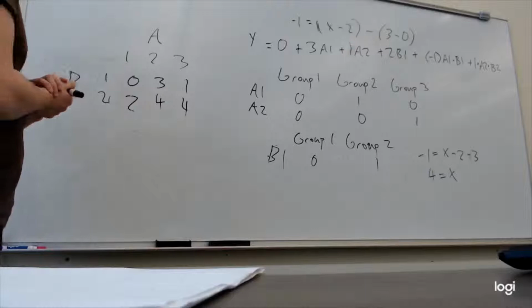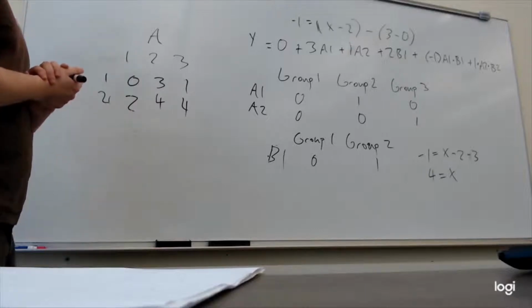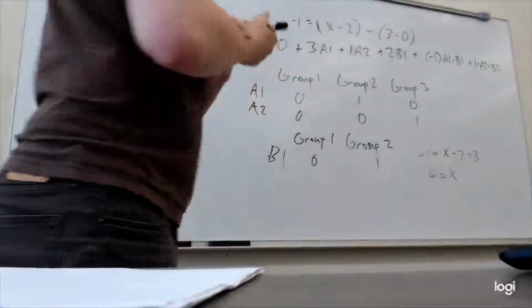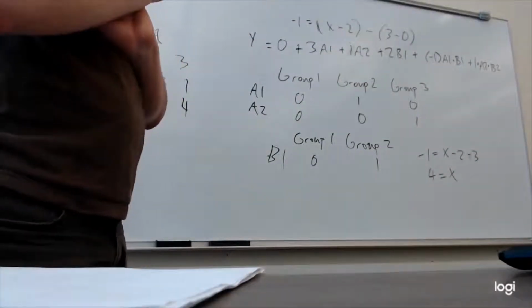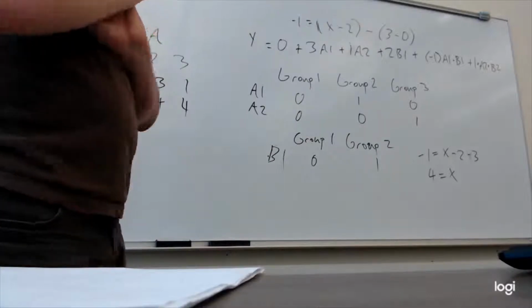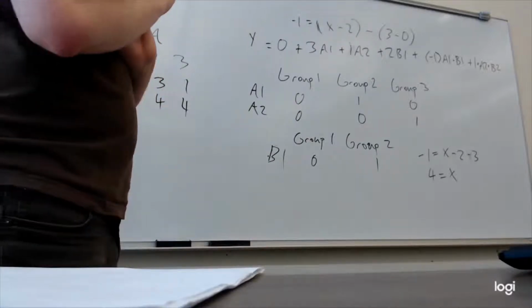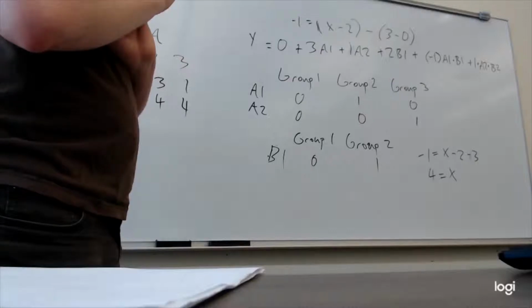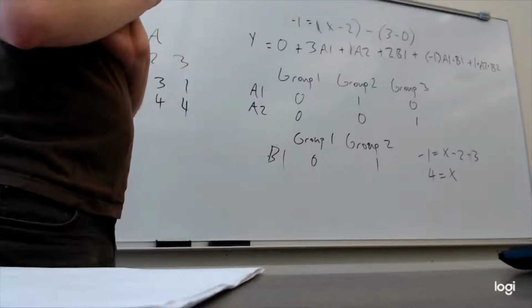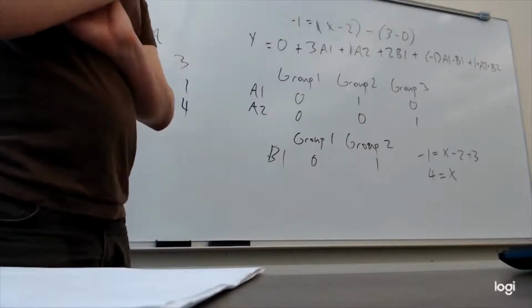Wait. So, can I try to interpret the -1? Sure, yeah, go ahead. That's saying the change from level 1 of A to level 2 of A at group 1 of B compared to the change from group 1 and 2 of A at level 2 of B is -1. Correct.